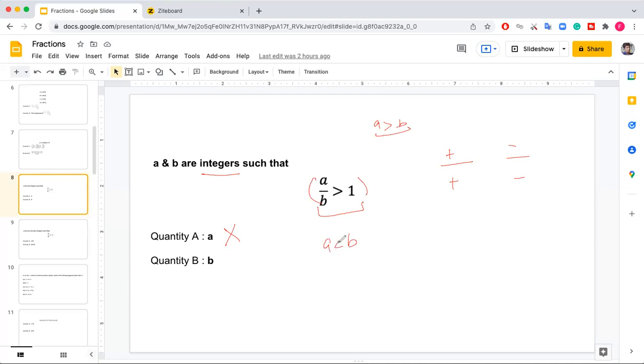In that scenario, B is greater than A. That's why the answer is D. So never assume just by seeing; see whether these are integers, numbers, fractions, non-zero, non-negative, non-positive, clearly see that point.